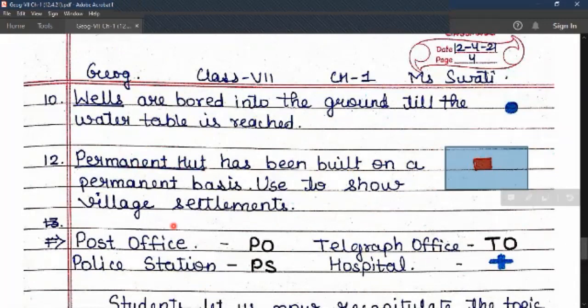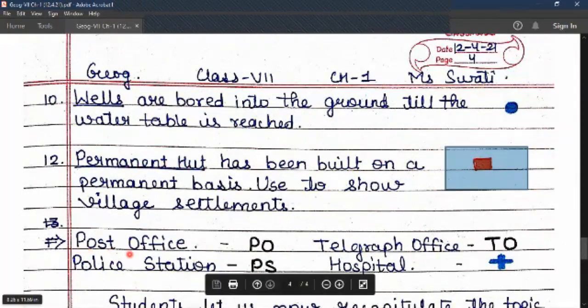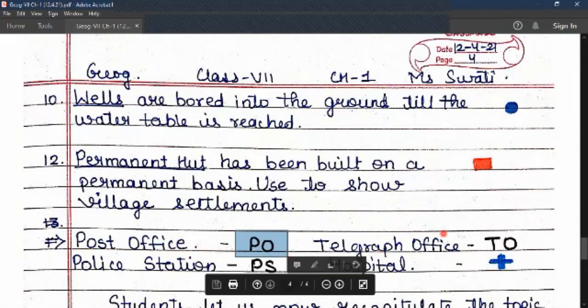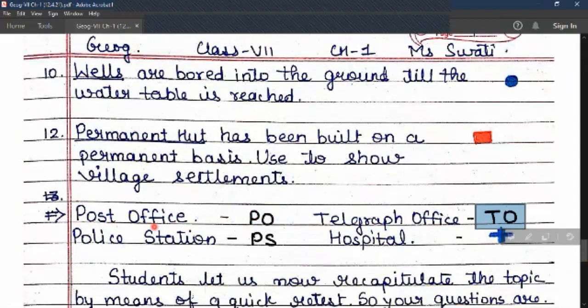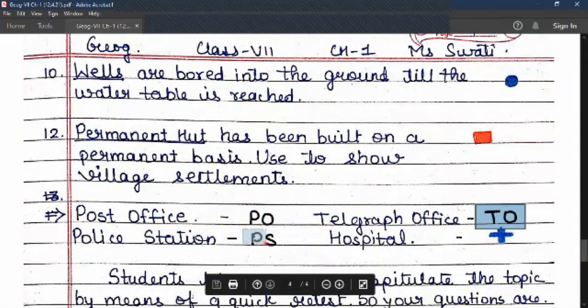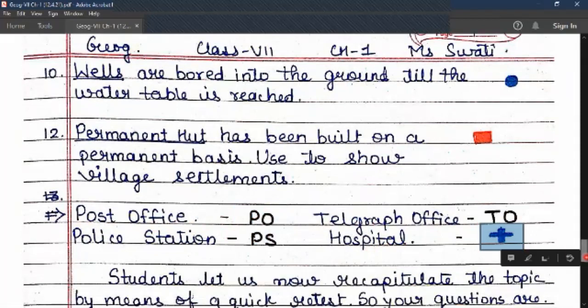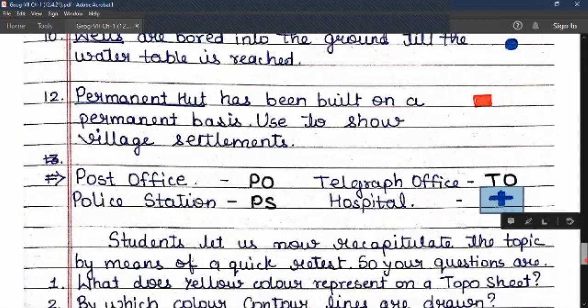Apart from them, there are some other conventional symbols like post office is represented by PO, telegraph office is represented by capital T, capital O, police station by PS, and hospital by this particular symbol. So this is all about the conventional signs and symbols.